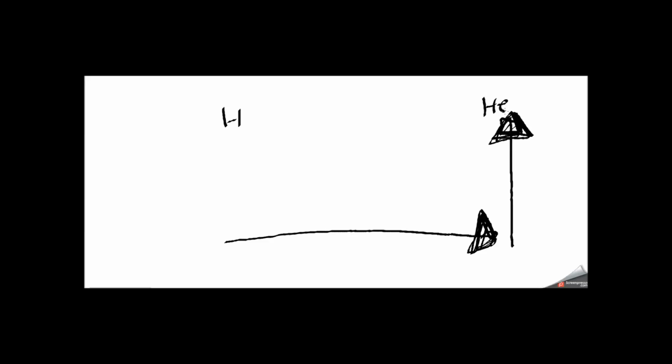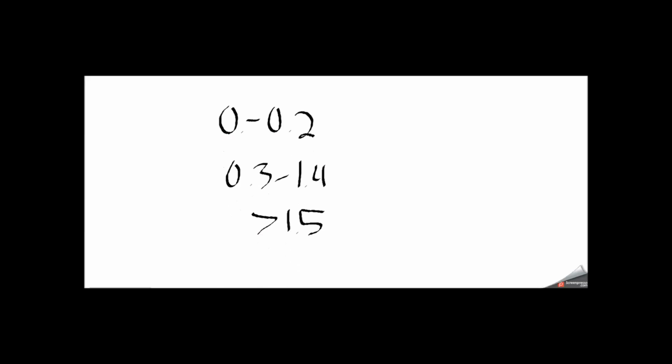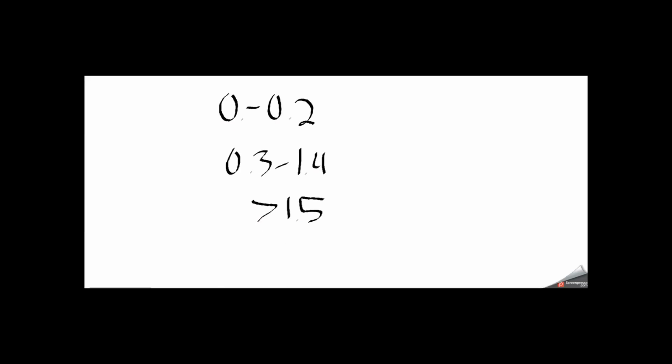When two atoms bond, their difference in electronegativity is largely what allows us to classify them as being just covalent, polar covalent, or ionic. The scale that we use for electronegativity difference is this. If the electronegativity difference between two atoms is from 0 to 0.2, we consider that nonpolar covalent.